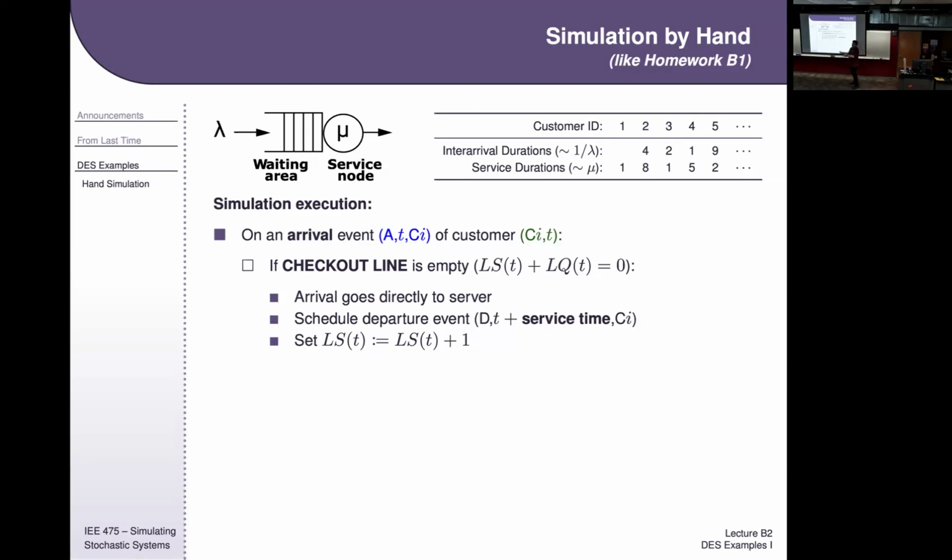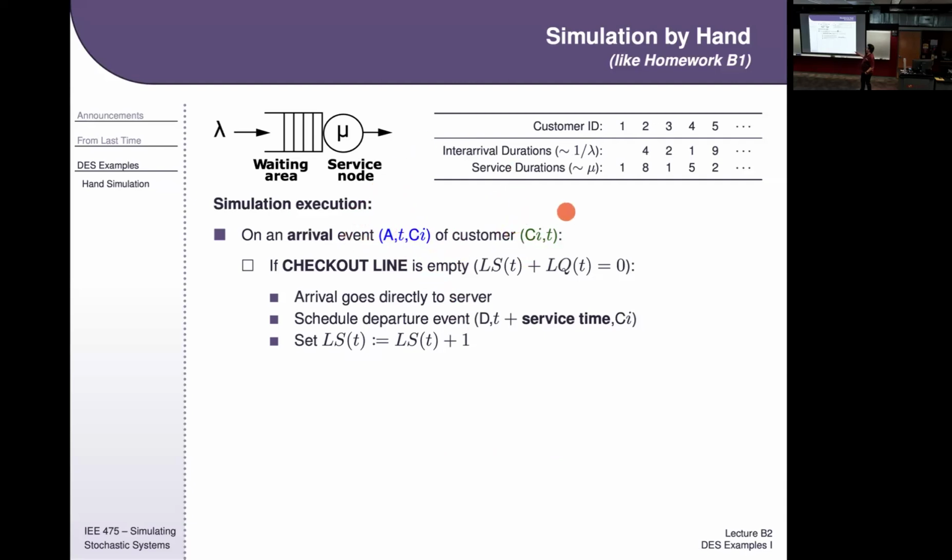And then, that's also what I'm doing here. Whenever we hit an arrival event as the next event in the event calendar, we go through a set of steps. This is just a recipe that you follow. If you follow this recipe precisely, the hand simulation just unrolls naturally. So if the next event I'm processing is an arrival event, I read this record as saying at time t, so that's the current time, customer i arrived.